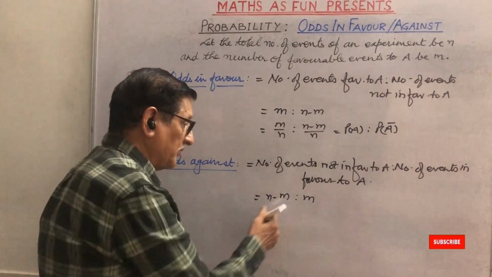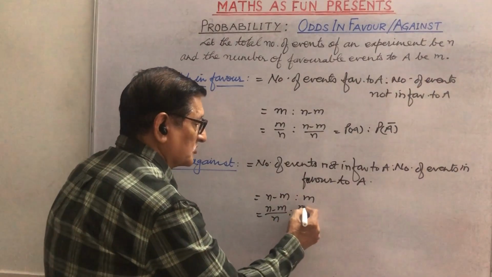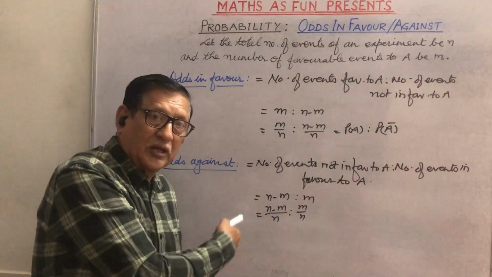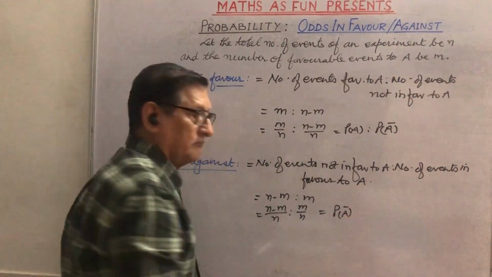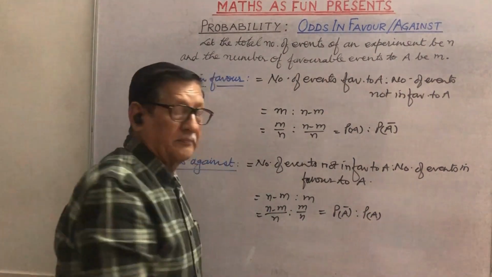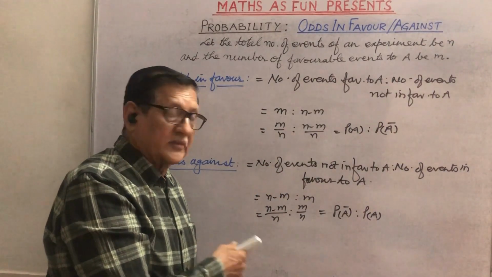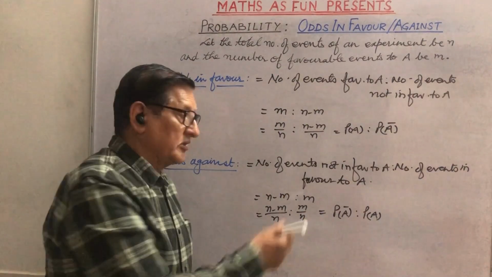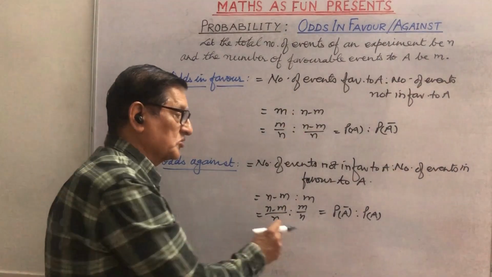If we divide both by n, we can say it will be n minus m upon n is to m upon n. And this is the probability of not happening of A, that is P(A bar). And this is the probability of happening of A, that is P(A). It means odds against A is the probability of not happening of A is to the probability of happening of A.